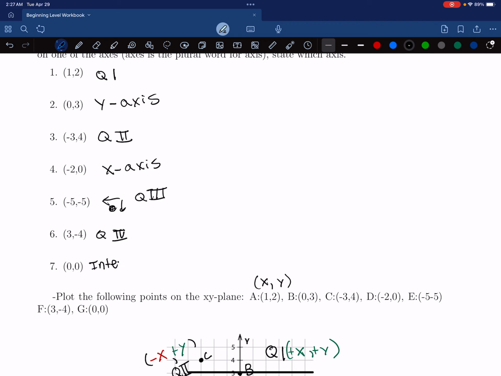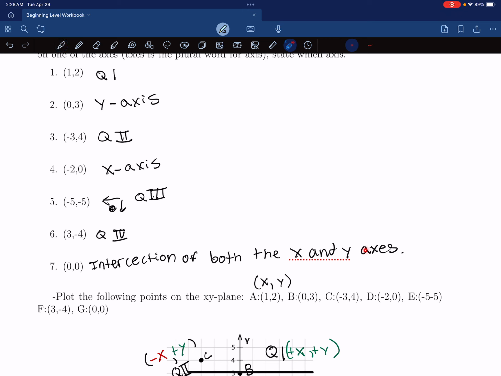So we can just say that it is the intersection of both the x and y axes. Here, let me write it like this. Axes. Now remember, axes is the plural word for axis.